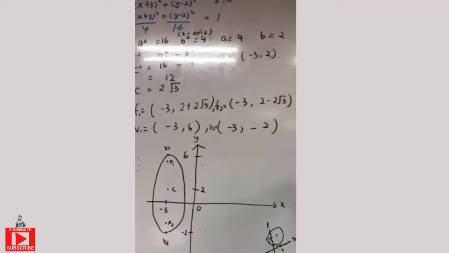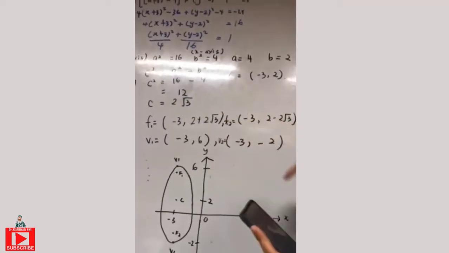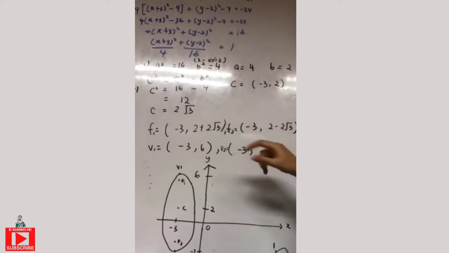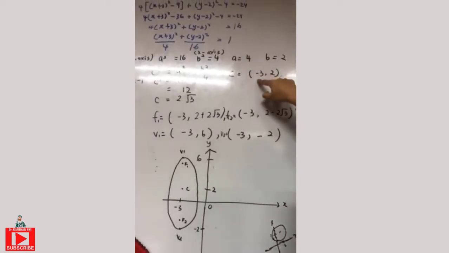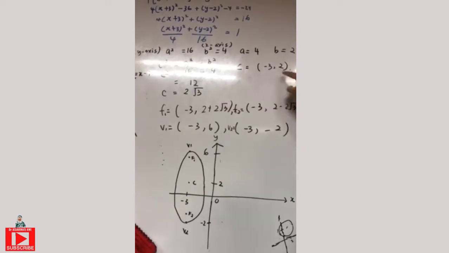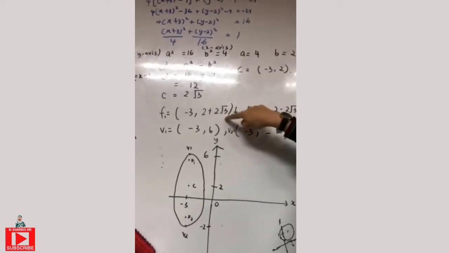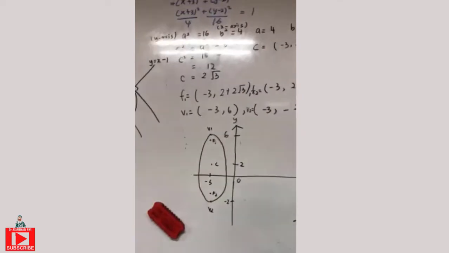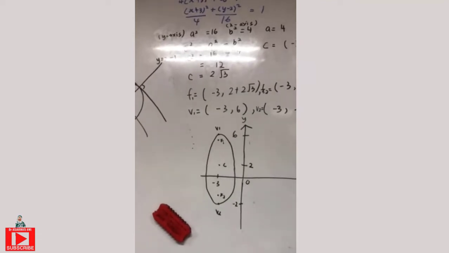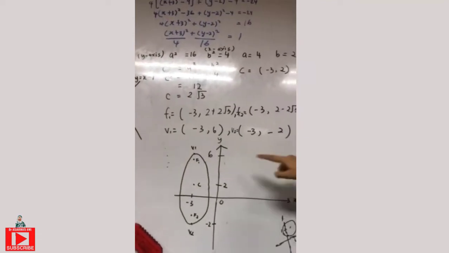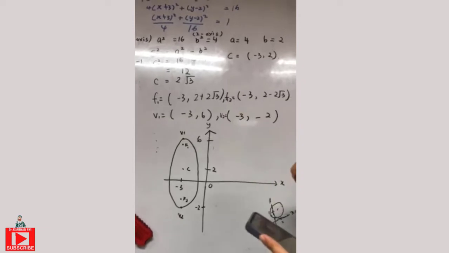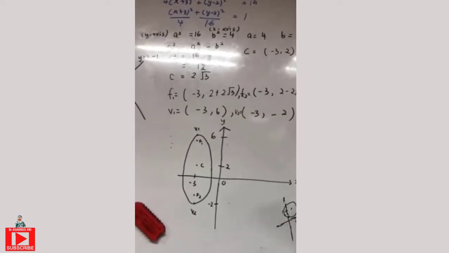Lepas tu to find foci, negative 3 ni dia punya x, yang ni dia punya y, 2 plus 2 square root 3. So how to know is either vertical or horizontal? Macam mana? Tengok A yang mana yang besar.